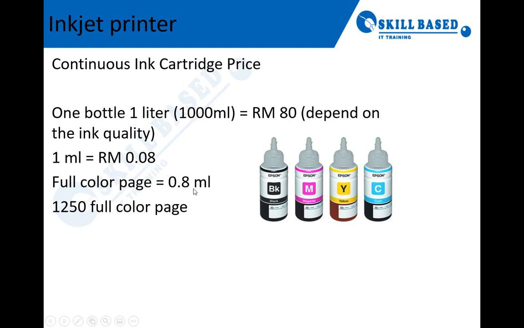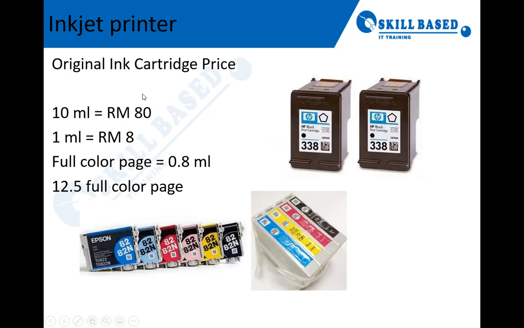In order to print a full page, we need 0.8 ml, so you can print 1250 color pages. So this was the continuous one. And if you are using the original ink cartridge price, then you cannot refill ink. You need to change the whole cartridge.